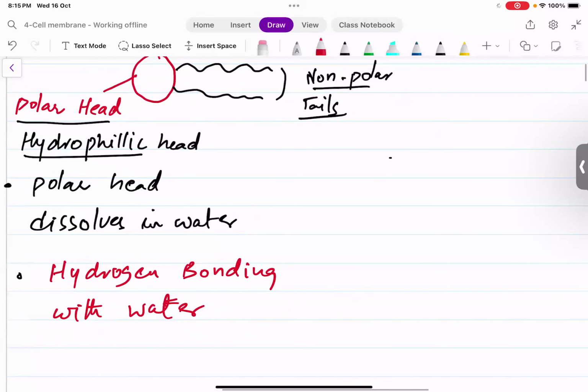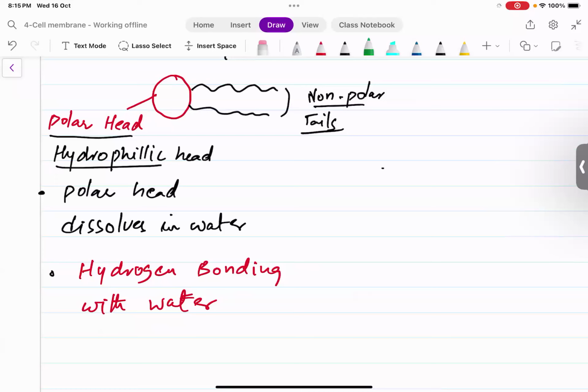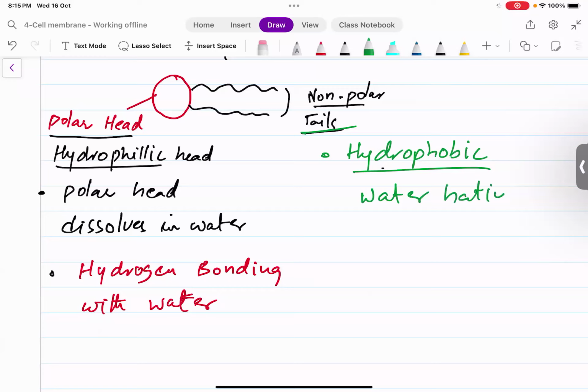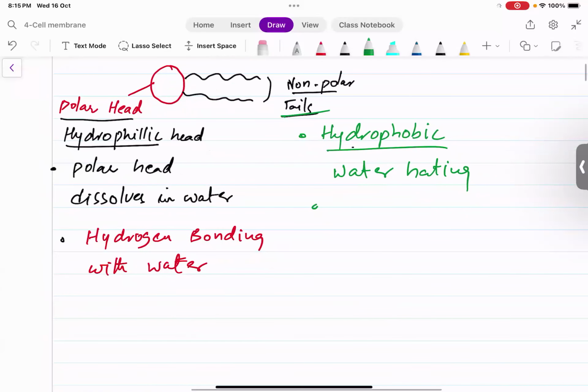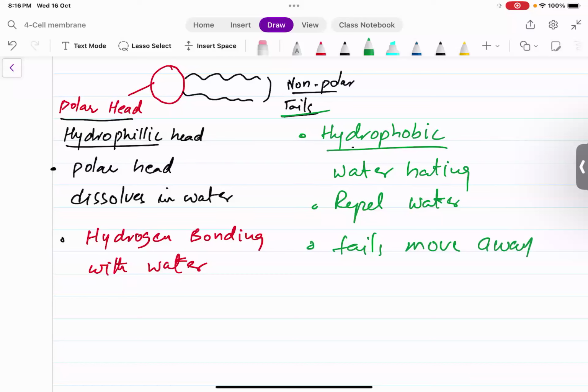Tails, on the other hand, are non-polar and they are hydrophobic. Hydrophobic means they are water hating. So they repel water, or these tails move away from water.